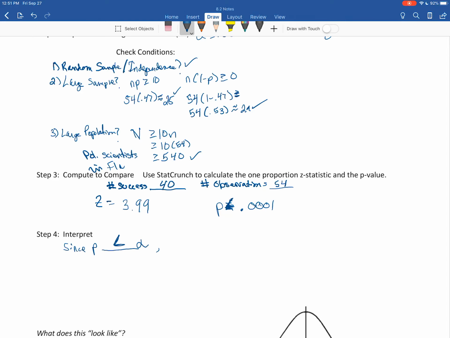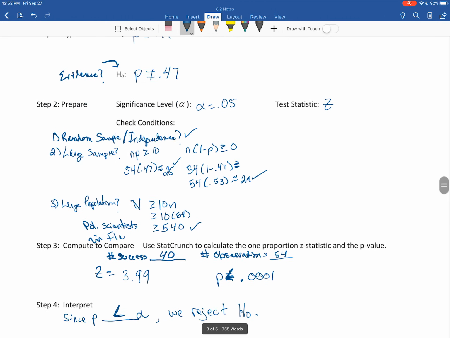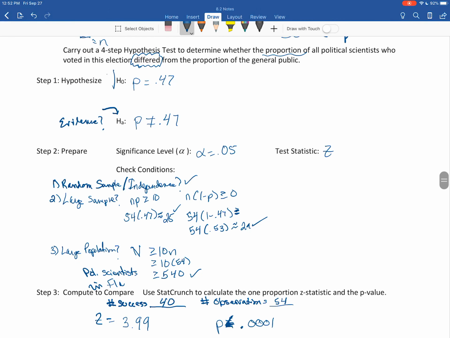When your p-value is small, your sentence is short. So our answer here is we reject. Sorry about that. Can't spell. We reject the null. So we are rejecting this idea right here. We're saying, nope. We've actually found enough evidence to go with the alternative.